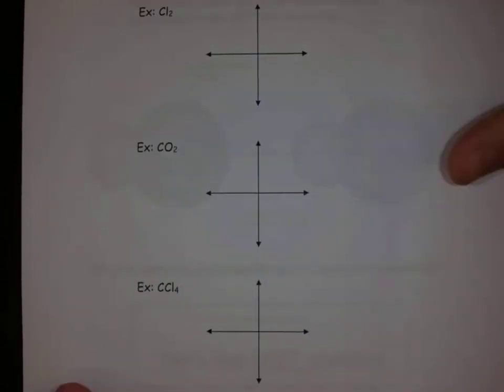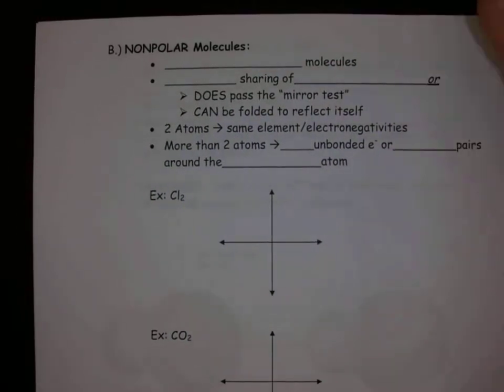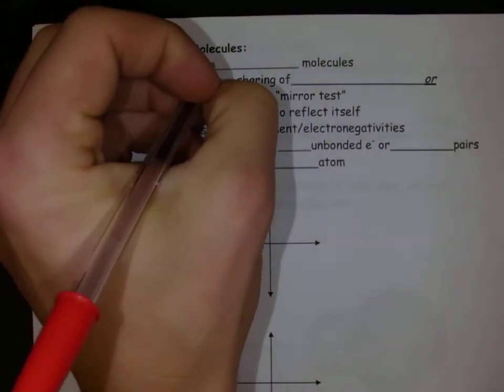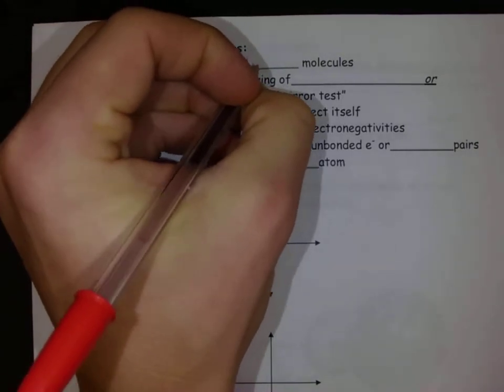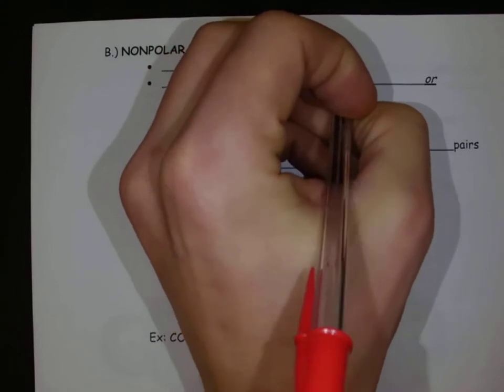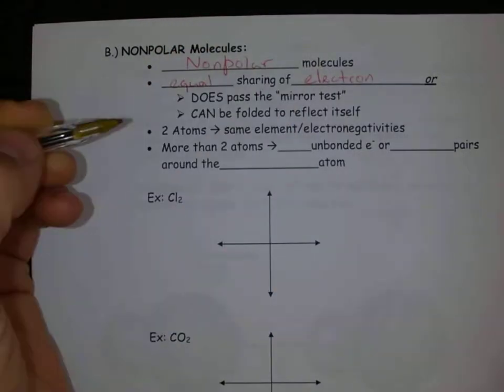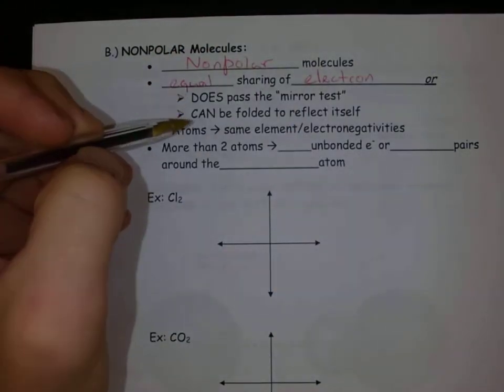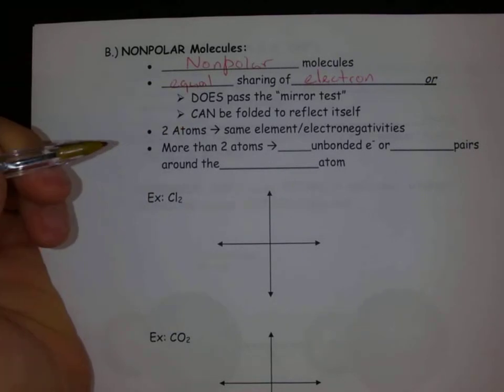On our next page here, now we're looking at nonpolar molecules. Nonpolar molecules have equal sharing of electrons, okay? Or, right, it does pass the mirror test and it can be folded to reflect on itself, okay?